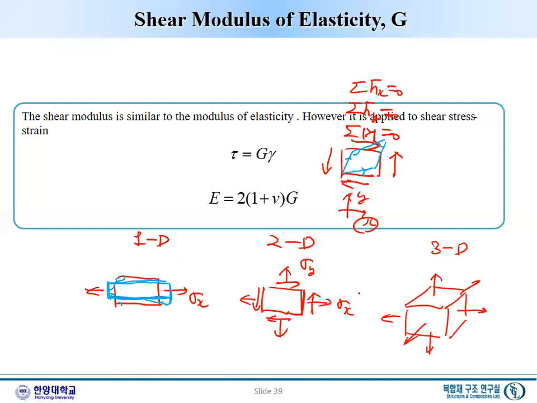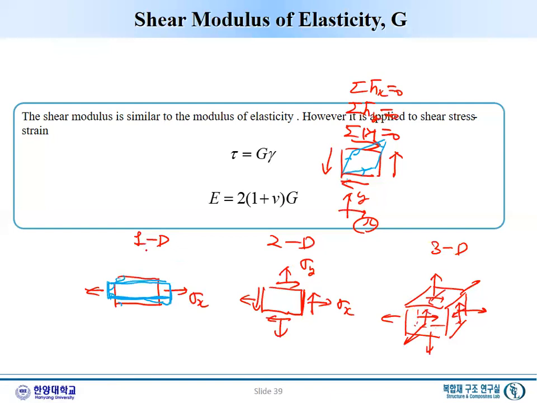Now shear, we have this and that, and it's hidden here and there, right? But there is another shear in 3D, which is this and that, and the backside. And another one is this and that on another side. So simply, this is the 3D version of the stresses.